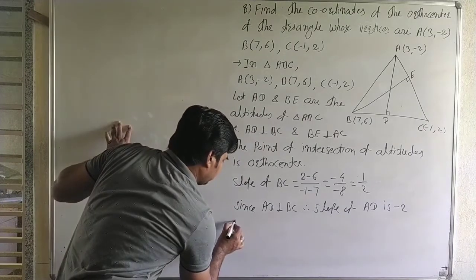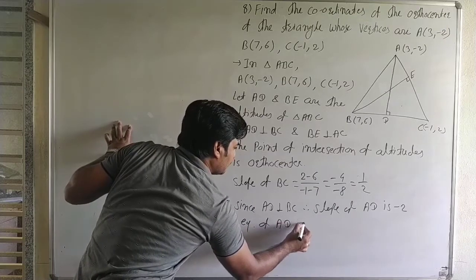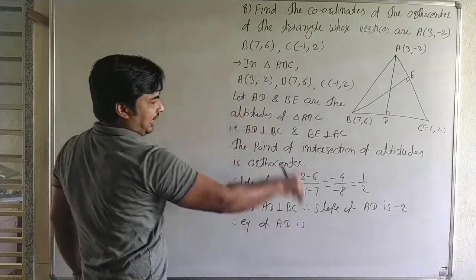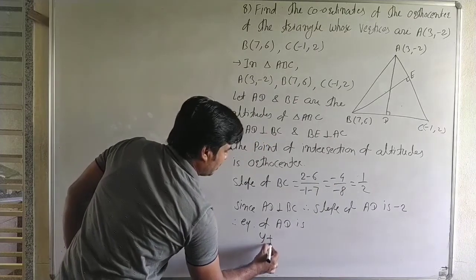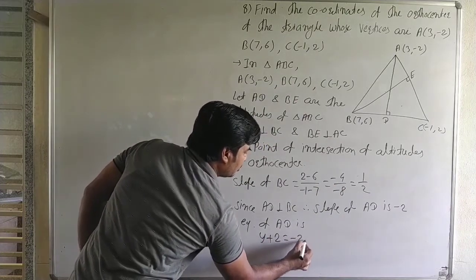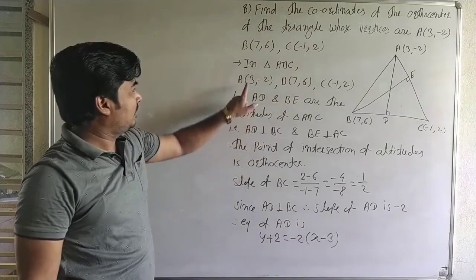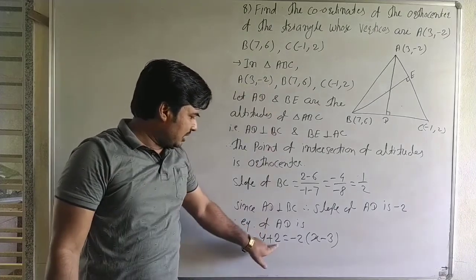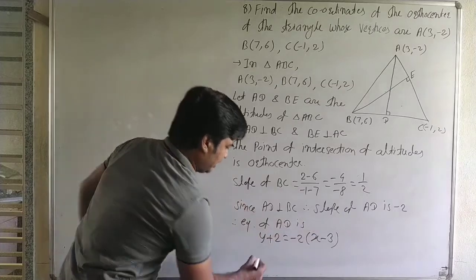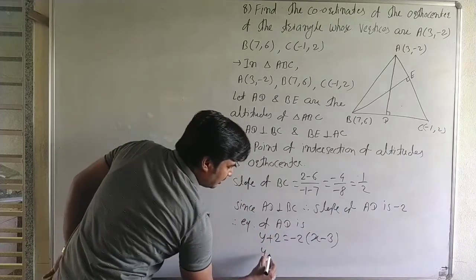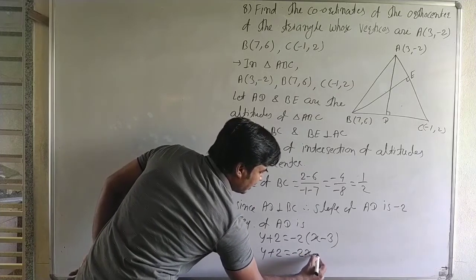Then the equation of AD: AD passes through point A and has slope -2. So y minus y1, where y1 is -2, so y plus 2 is equal to -2 into (x minus 3). Then y plus 2 is equal to -2x plus 6.